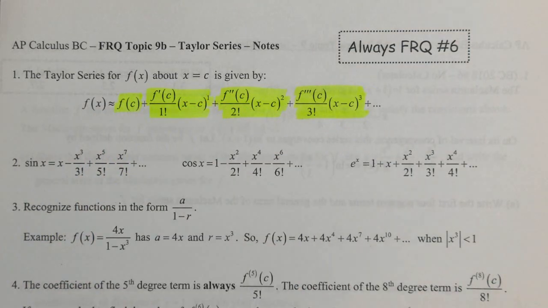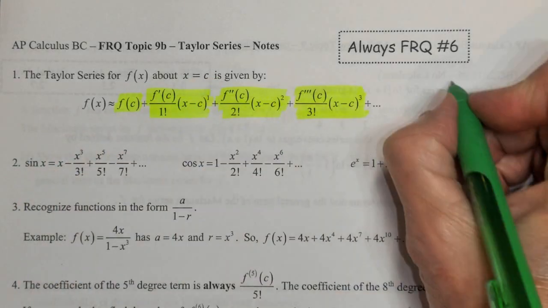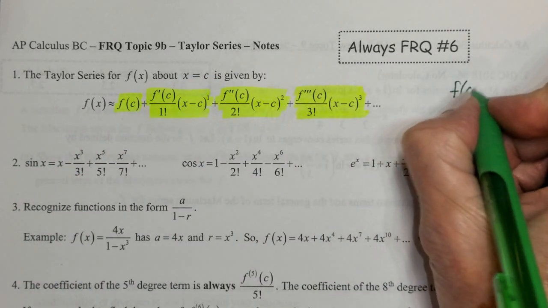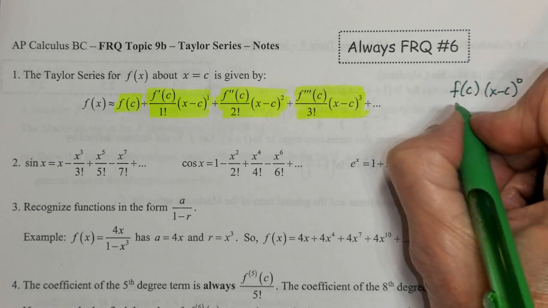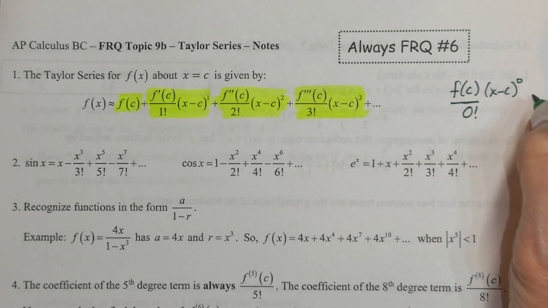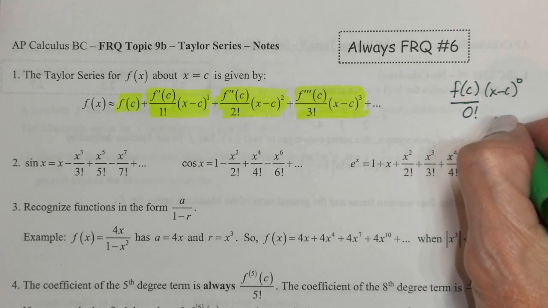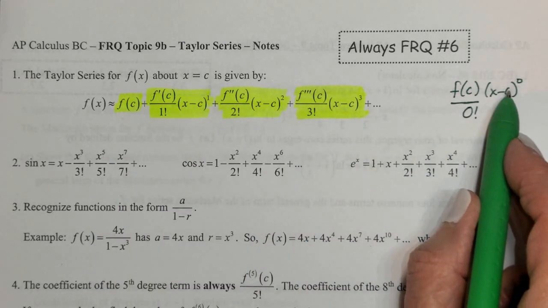We begin with the no-derivative term, which, if we really wanted to, we could write as the no derivative times x minus c to the 0 power divided by 0 factorial, because 0 factorial is 1. So if we really wanted to, we could even write this in that form.